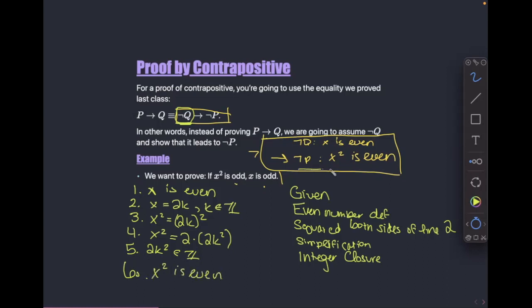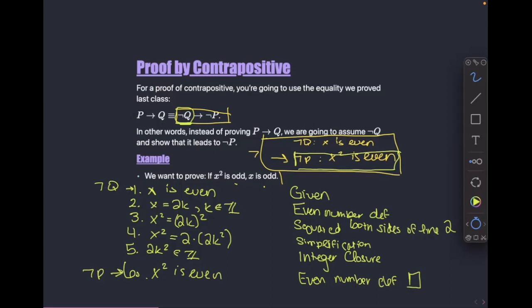And since that's my not P that I was trying to get to, that means I'm done. And so that was just my even number definition. And I could do my square because I started at my not Q and I got to my not P. And so I'm done.